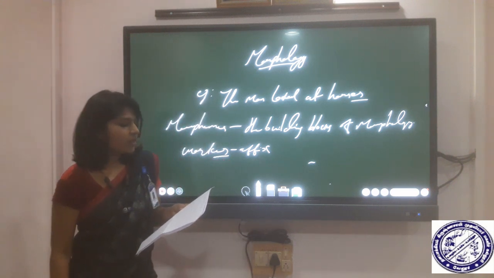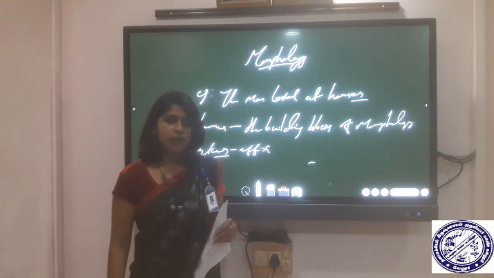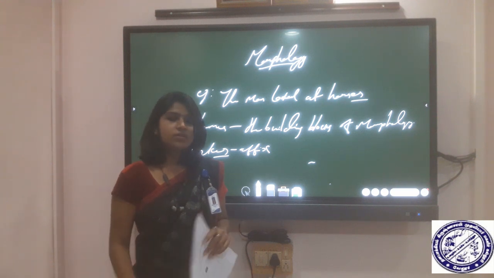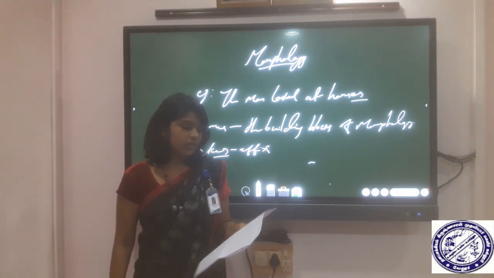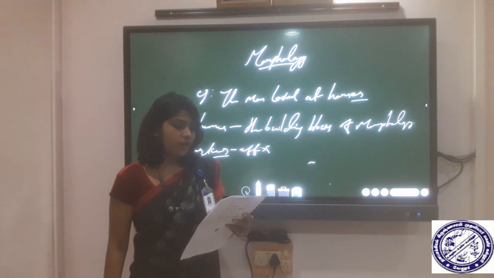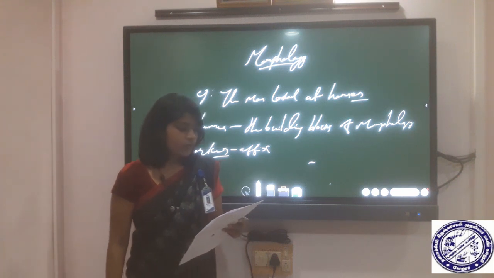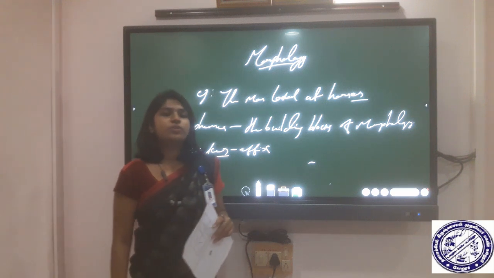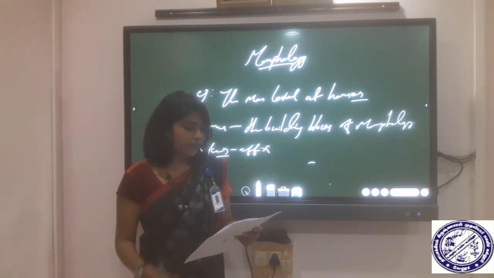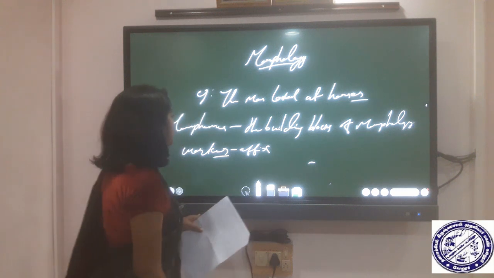Types of morphemes. There are two types of morphemes: free and bound morphemes. Free morphemes are simple words consisting of one word. Example: house, work, chair, etc. They are words in themselves. Bound morphemes must be attached to another morpheme to receive meaning. Example: unkindness.